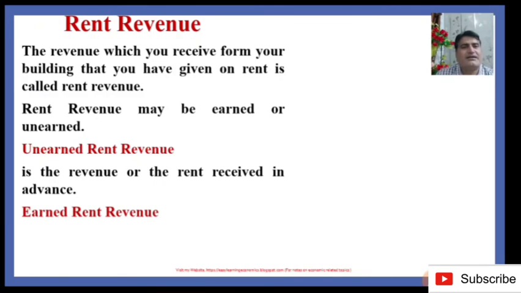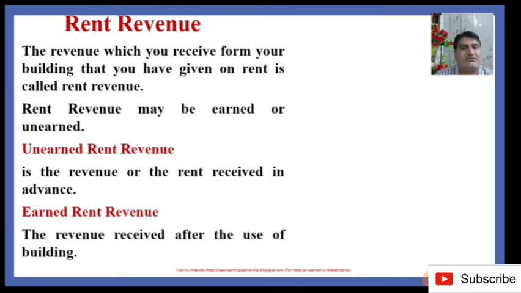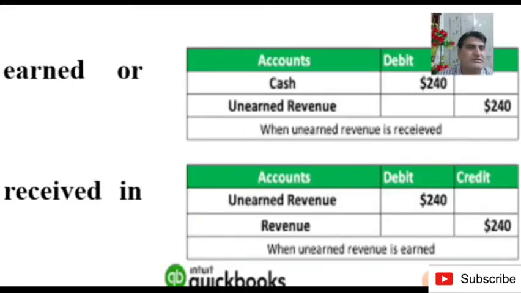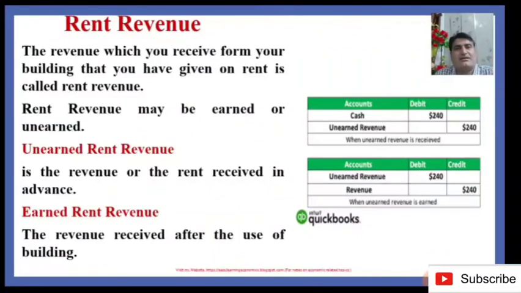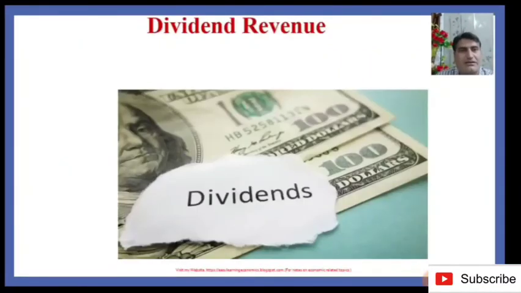Whereas earned rent revenue means the revenue received after the use of the building that you have given on rent. When unearned revenue is received, cash is debited and unearned revenue is credited. When the unearned revenue is earned, we make an entry of unearned revenue debit and revenue credit. So these are the entries we make against unearned and earned revenue in the accounts.